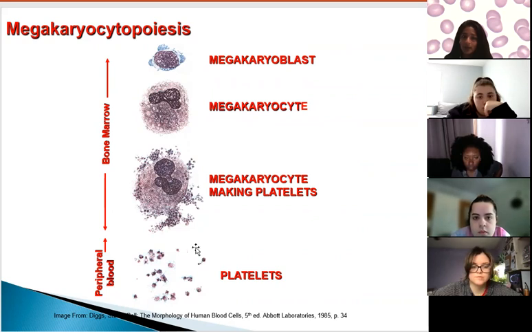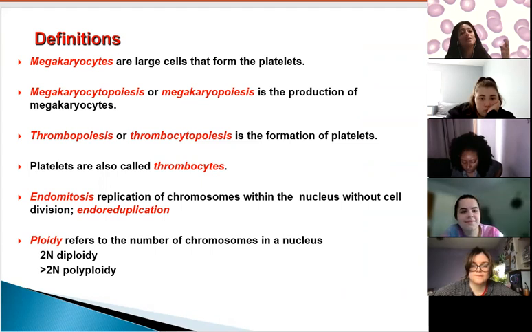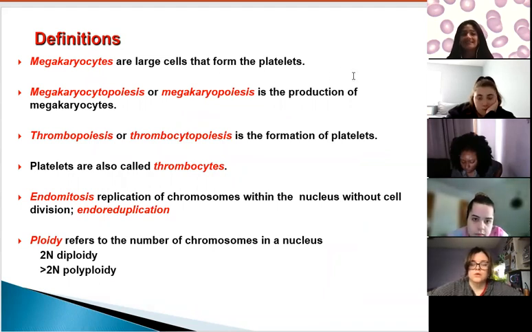Okay, so in the peripheral blood, what you see are the platelets. Okay, the cells that come to the rescue. That's how I look at them. They're like the ones that come to the rescue when there is bleeding, when there is injury. Okay, here's some definitions. Your megakaryocyte is the largest cell, and these are the cells that form the platelets.